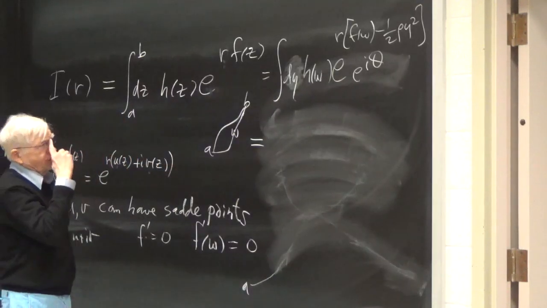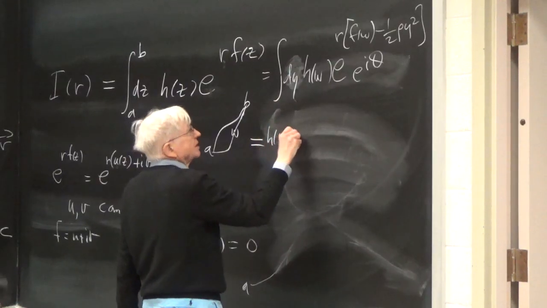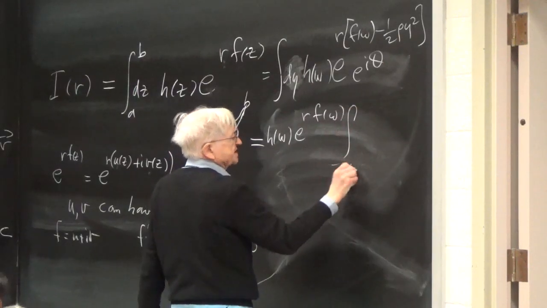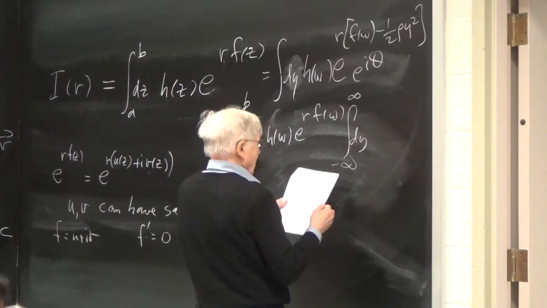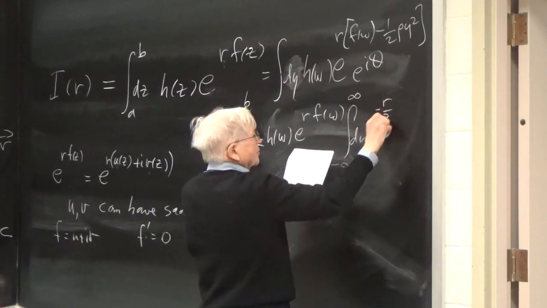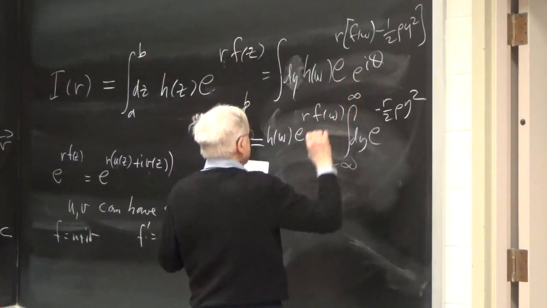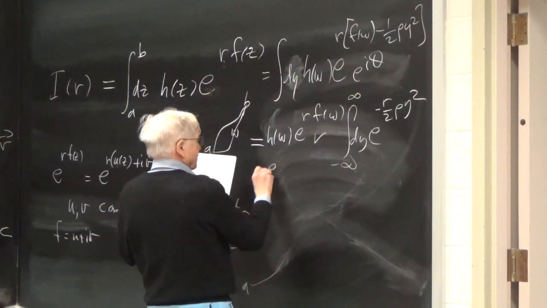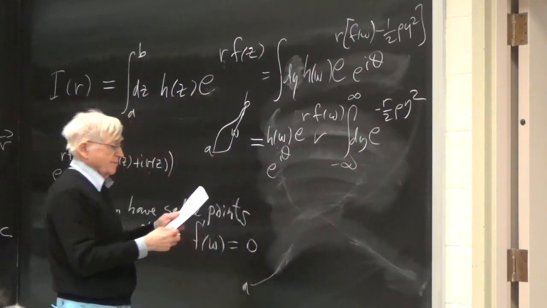So now we can pull out the things that are slowly varying, h and f. So we have h of w, e to the r f of w. And what's left is an integral from minus infinity to plus infinity dy of e to the minus r over 2 rho y squared. And I left out the phasors, so I have to stick in here e to the I theta.